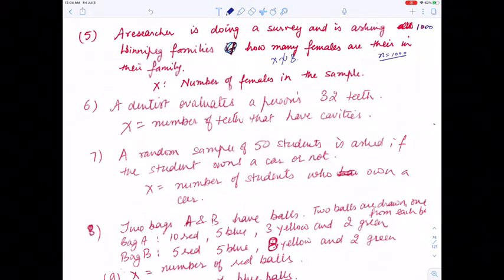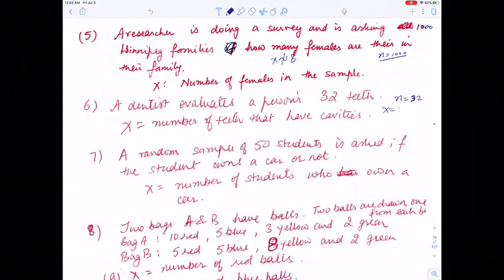A dentist evaluates a person's 32 teeth. X is the number of teeth that have cavities. So n is equal to 32. And the dentist is asking a question for each tooth. Is there a cavity or not? So that he can count how many teeth have cavities.